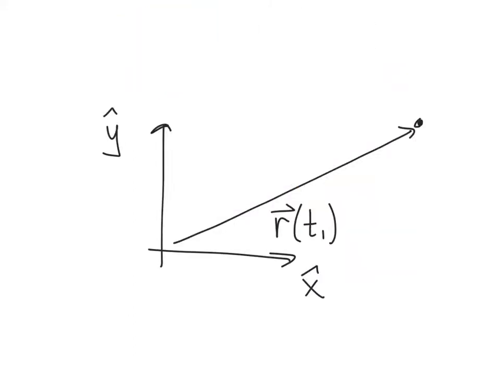So consider a point out here defined by the vector r at time t1. There may be some object, some point mass that rests at position r at time t1, and then at some later time it might move to this position over here.